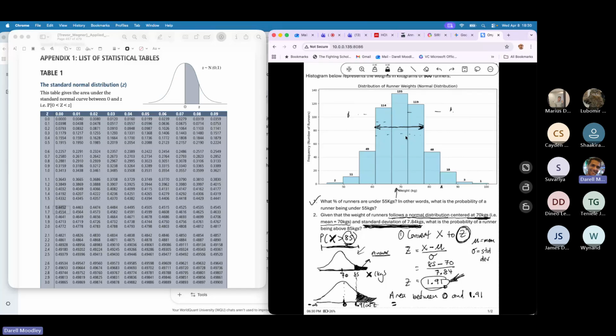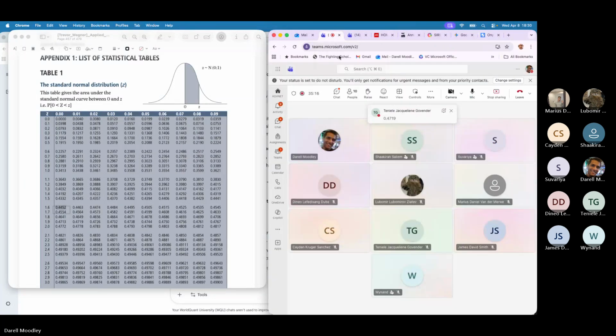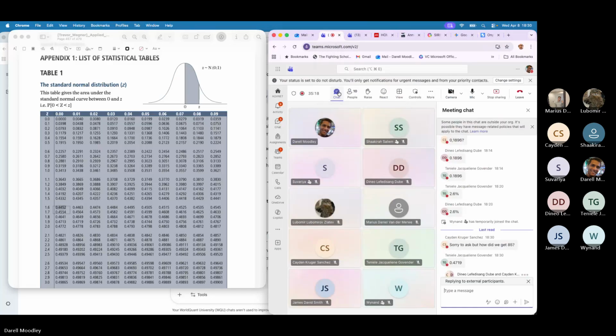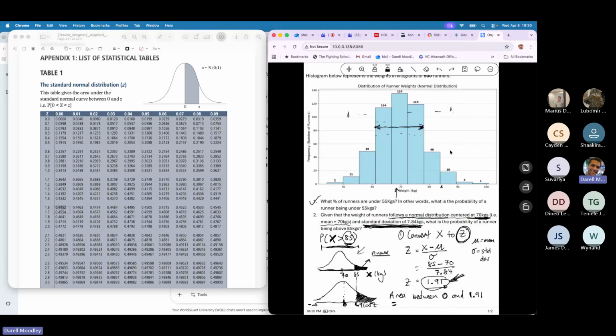What is that value? Can you write it in the chat? Very good. And you found that area to be 0.4719.